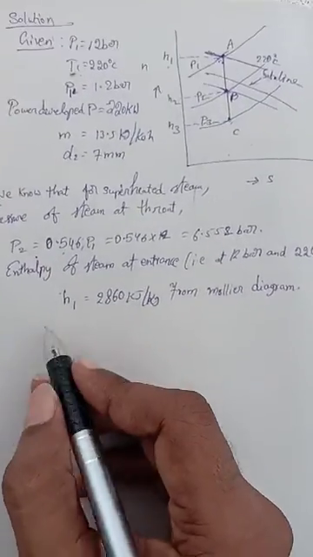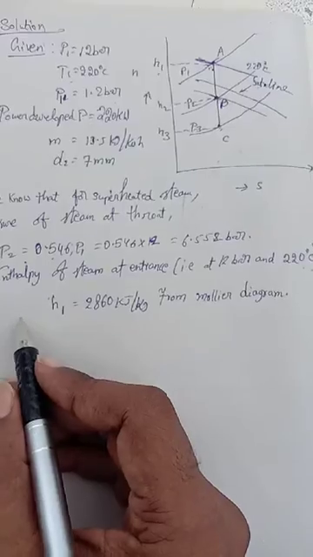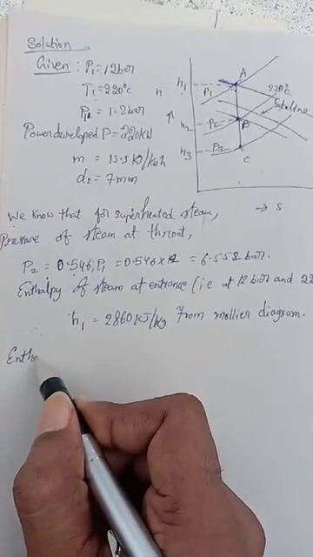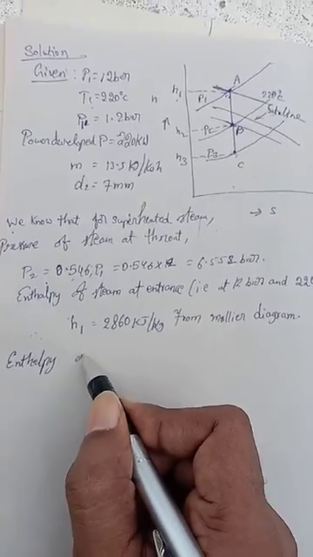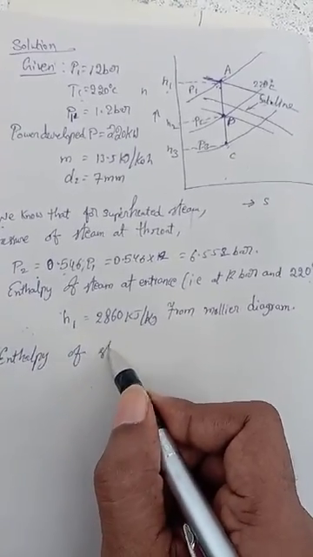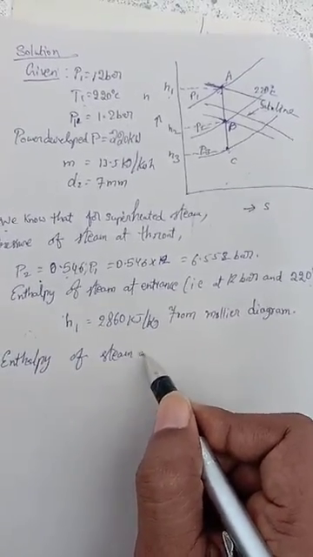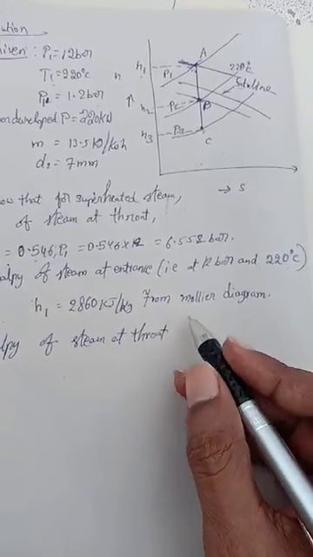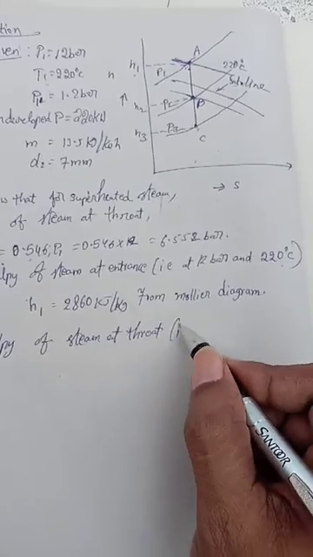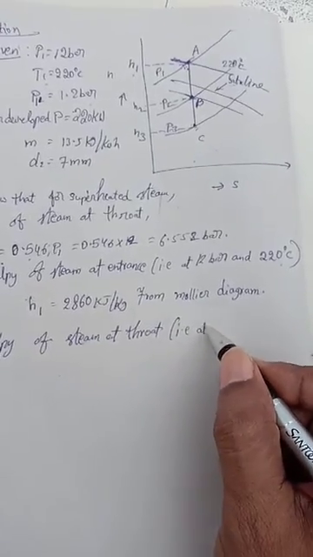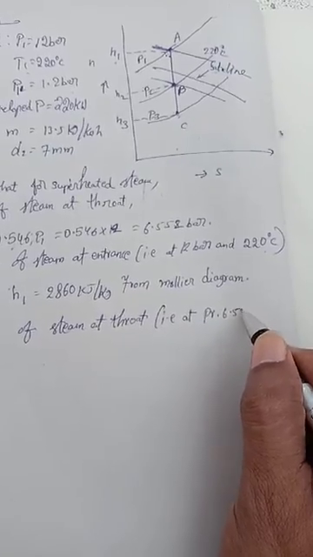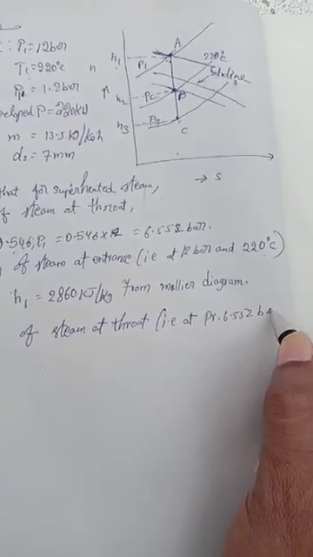Now we are going to find the enthalpy of steam at the throat, that is at pressure 6.552 bar.